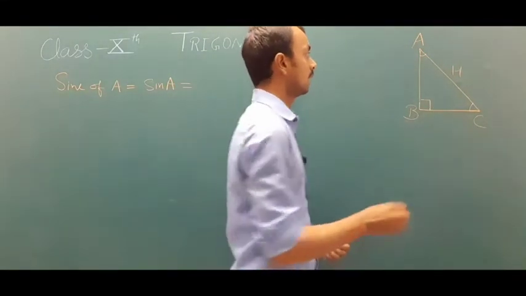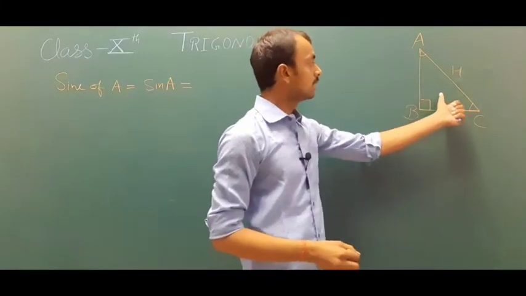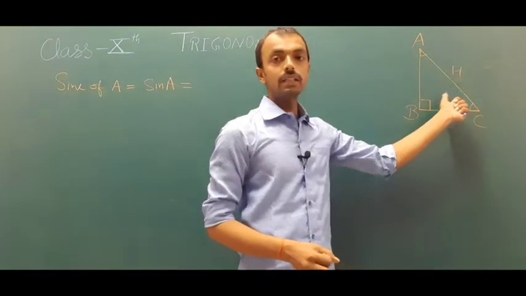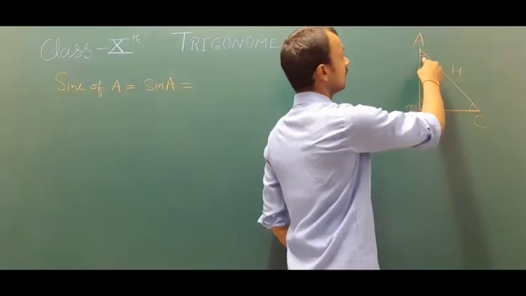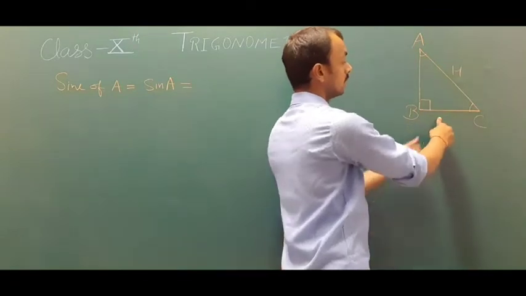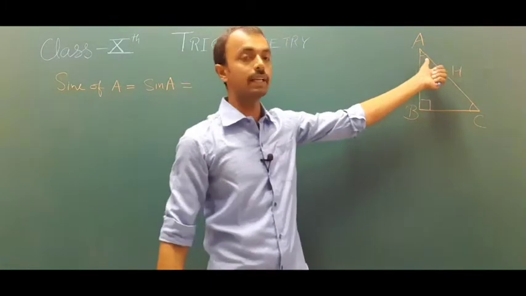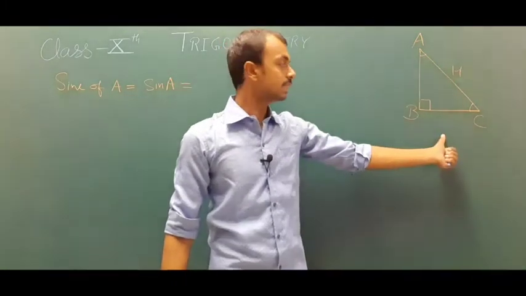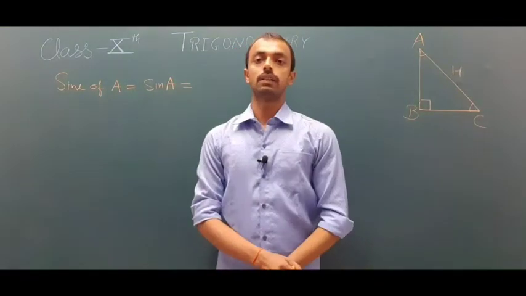Let's understand the concept of this triangle first. The side opposite the right angle is the hypotenuse. Okay. And if you are taking this angle, then this side is the opposite side and this is the adjacent side. Means if I am taking angle A, then BC is the opposite side and AB is the adjacent side.